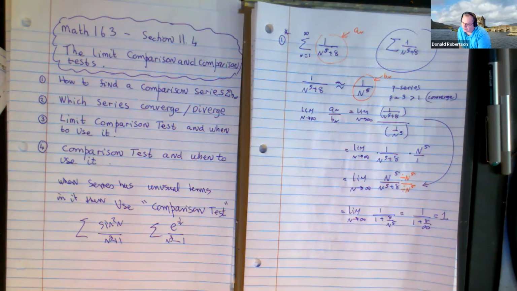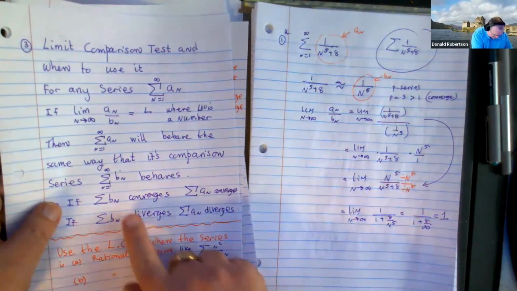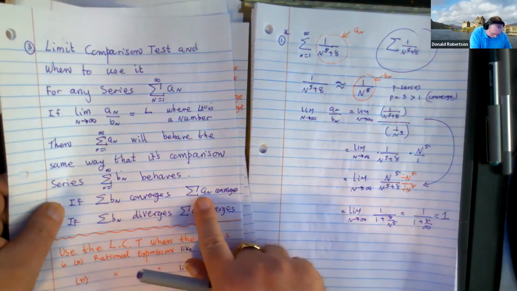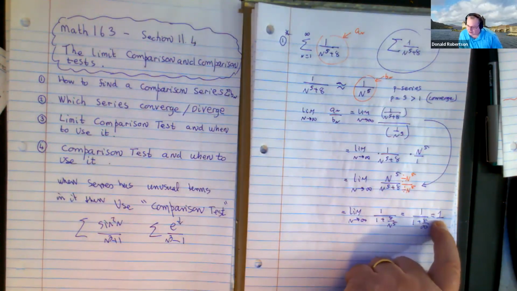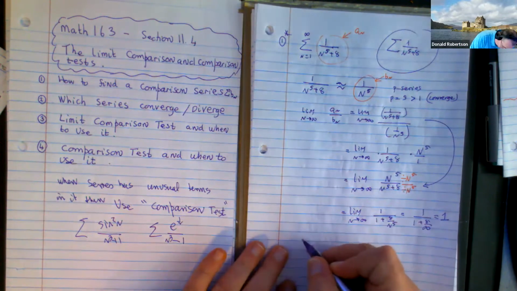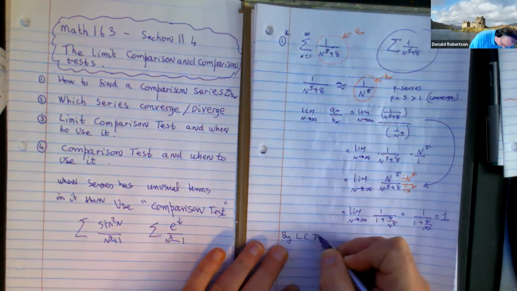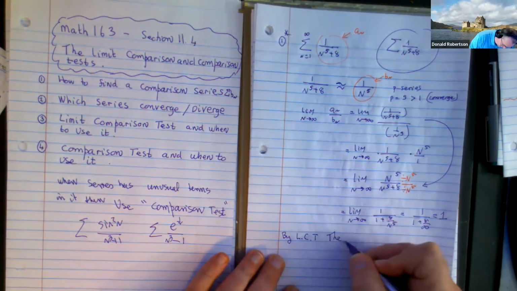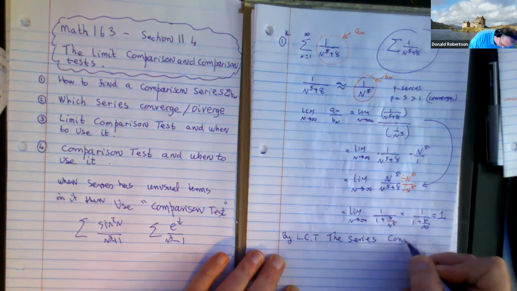So far, so good. Now, according to the limit comparison test, if my guy converges, then this guy converges. Now, was the limit a number that's not 0? Yes. So you just need to go and do this. By the limit comparison test, the series converges.